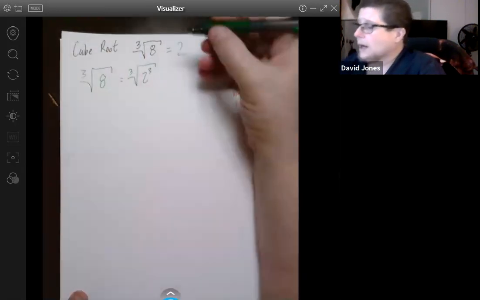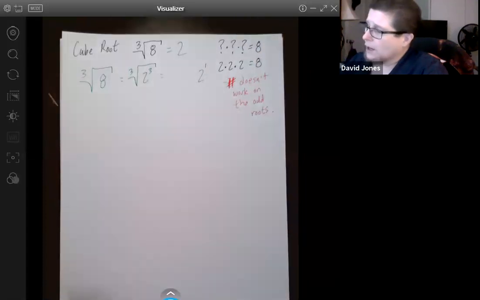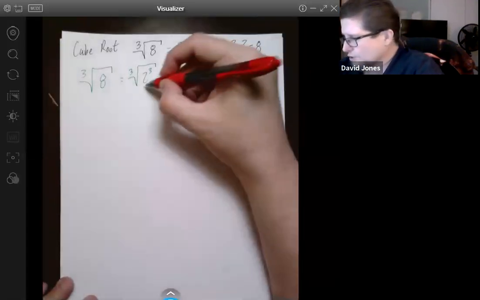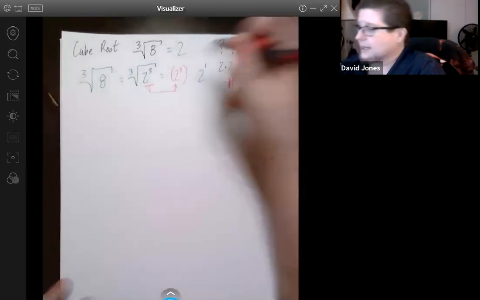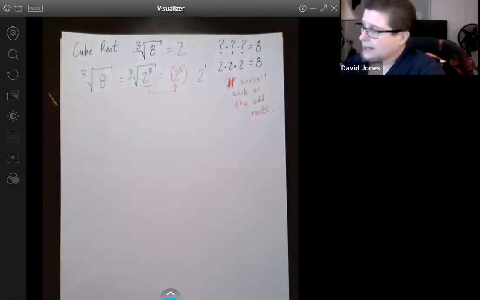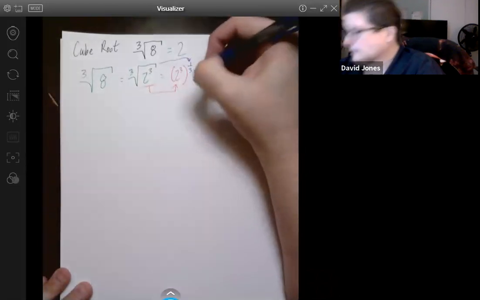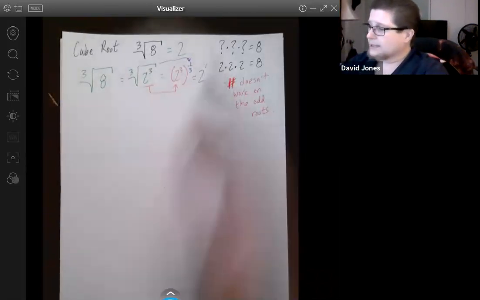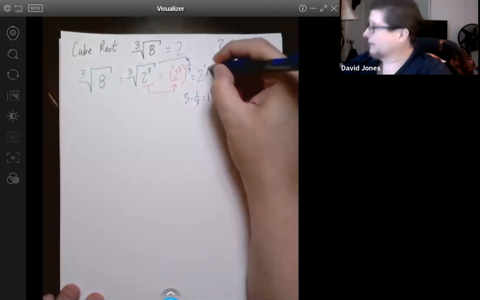Okay. So I know this is equaling 2 to the 1st power. How we're getting there is the 2 cubed turns into, we got the 2 cubed in parentheses. The cube root sign turns into a 1/3. And that way, 3 times 1/3 equals 1, gives us that.